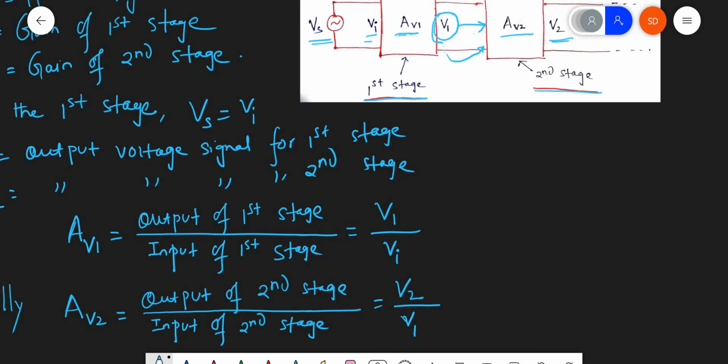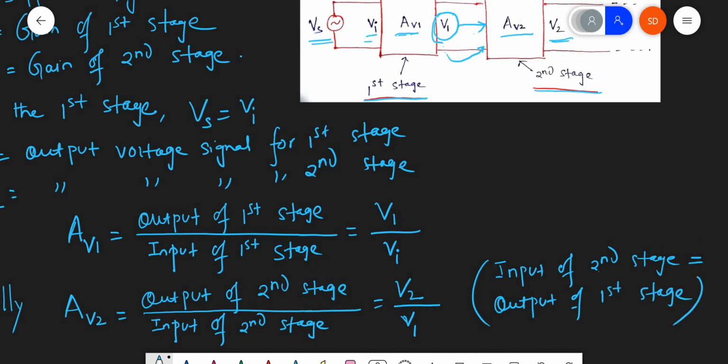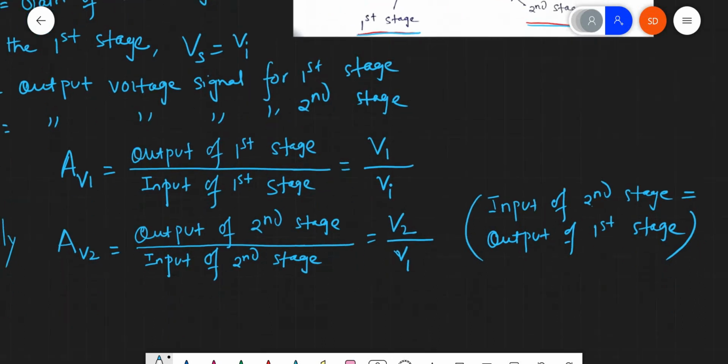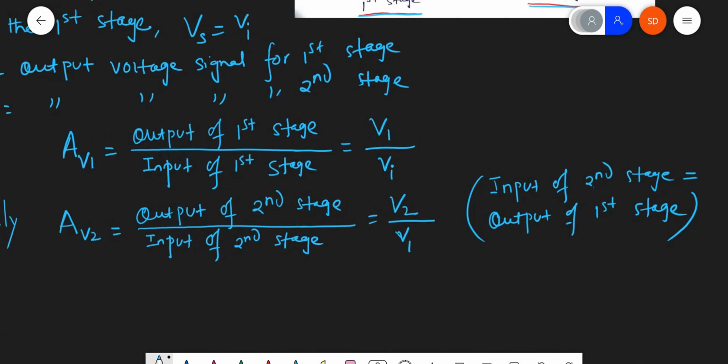You can write in brackets: input of second stage is equal to output of first stage. This process is called cascading.